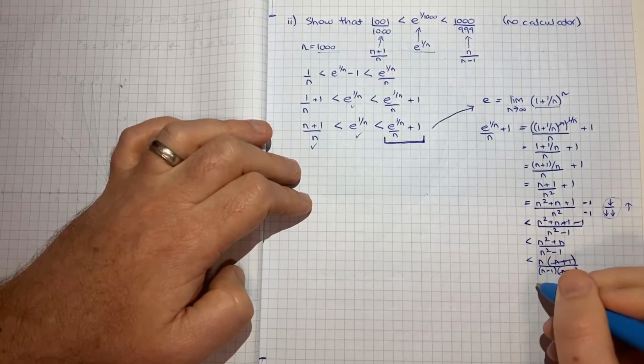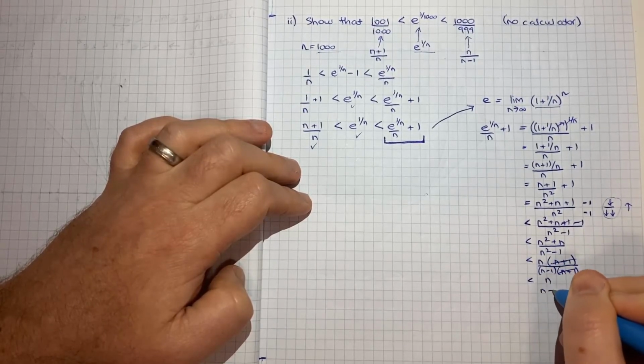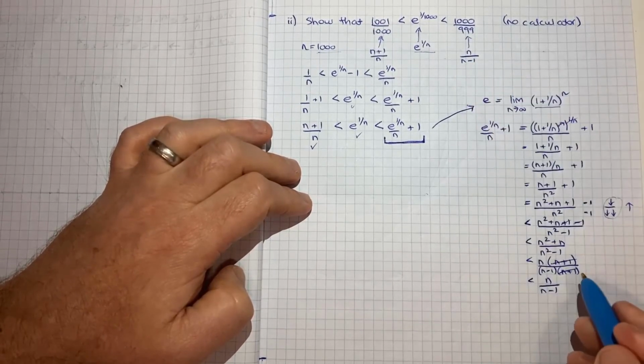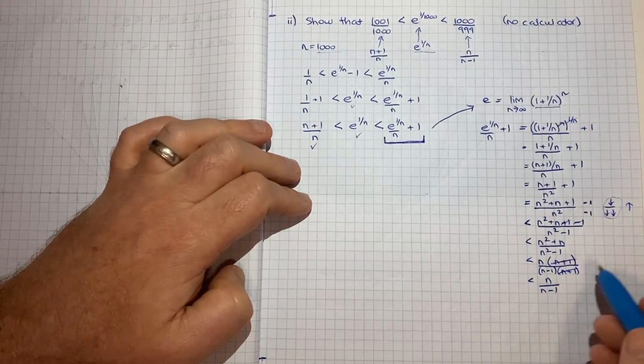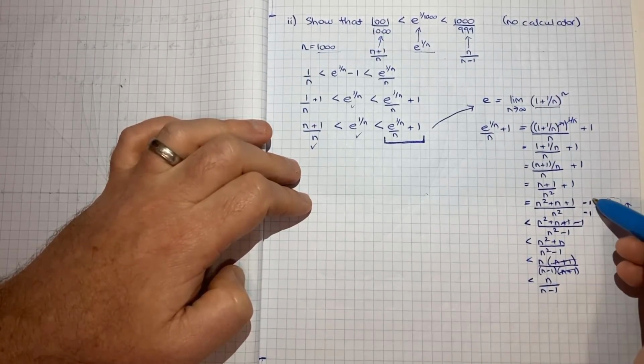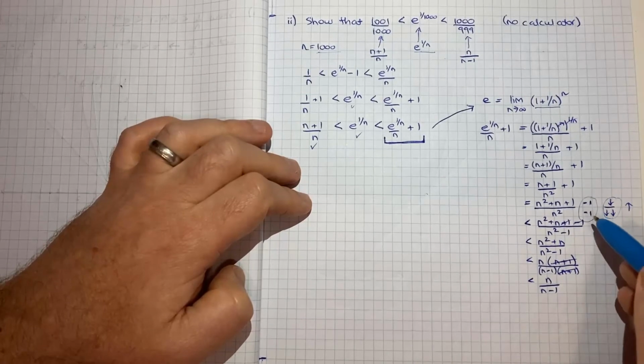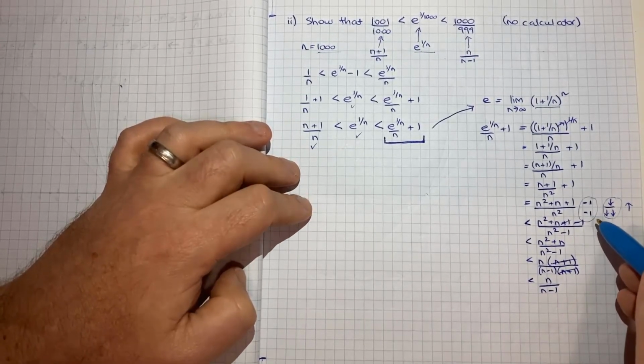And they can cancel, which gives us n/(n-1), which is what I was going for. So again, it's an interesting technique. I think it's valid, but a little bit of a mathematical hack almost.